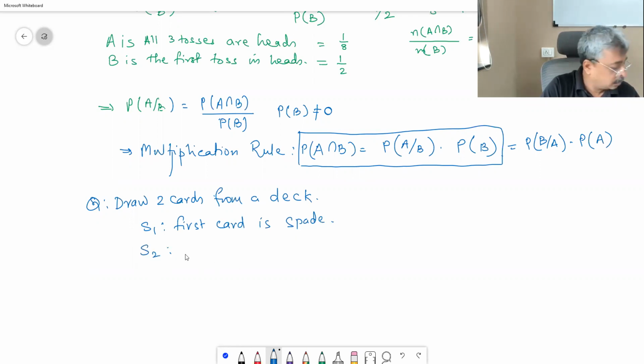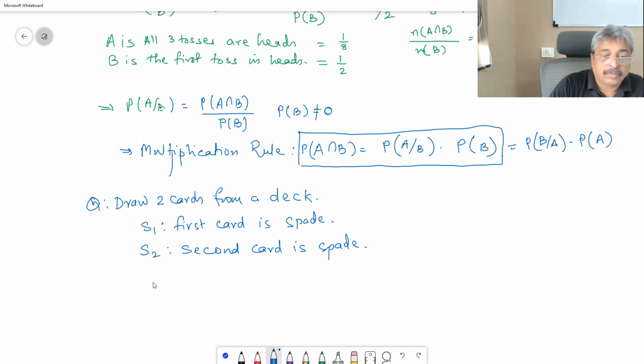S2: second card is spade. Okay. Then what is S2, probability of S2 given S1?